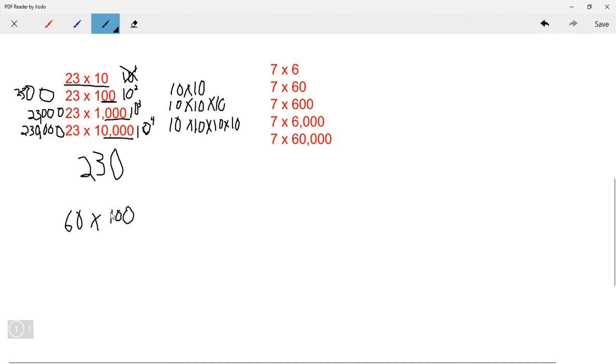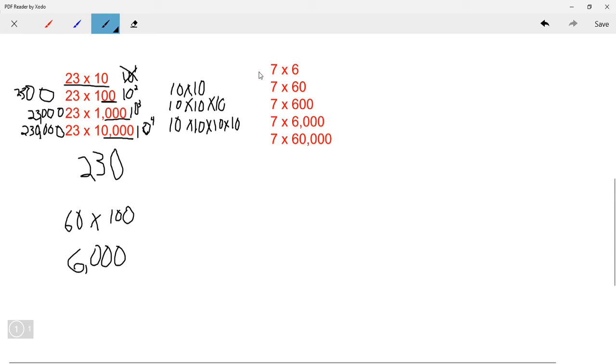I'm just going to multiply 6 times 1 is 6, and then I'm going to add all of the zeros from both numbers. So this is 1, 2, 3 zeros that I have to add. So I just wanted to mention that if there's zeros at the end of both numbers, you're going to end up adding the zeros from both numbers.